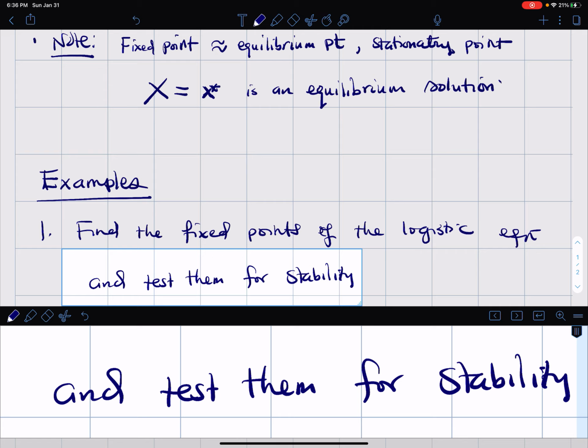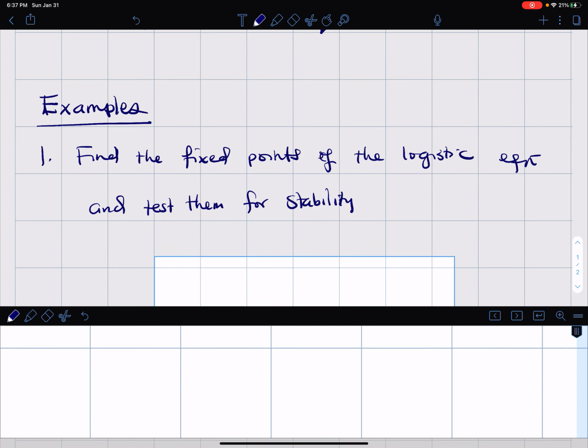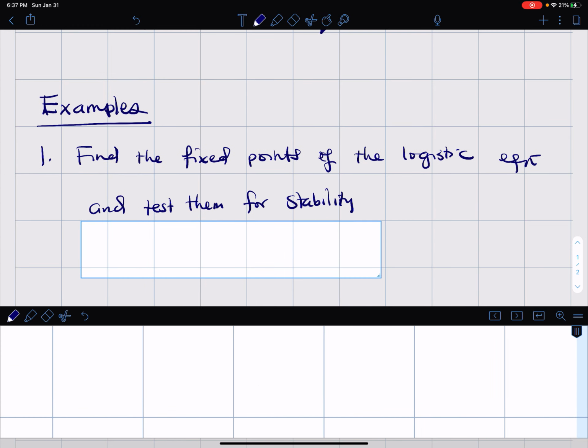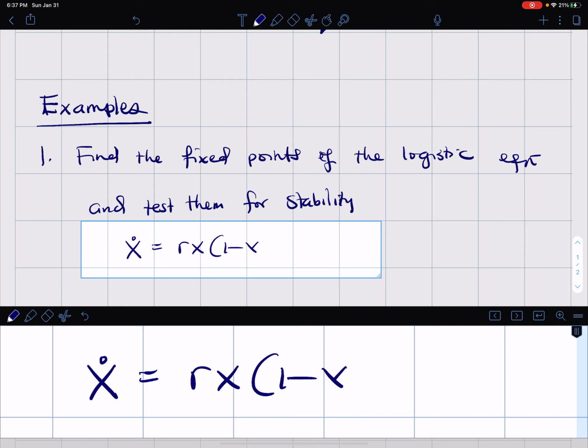Okay, what's the logistic equation again? Let's go with x dot = rx(1 - x).